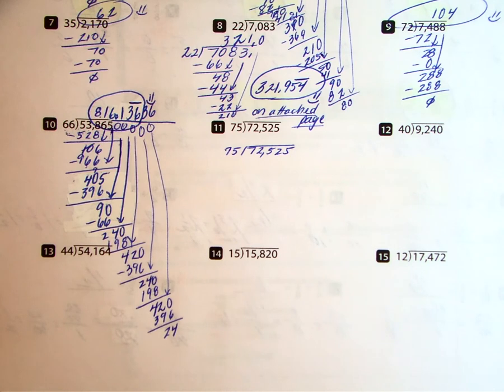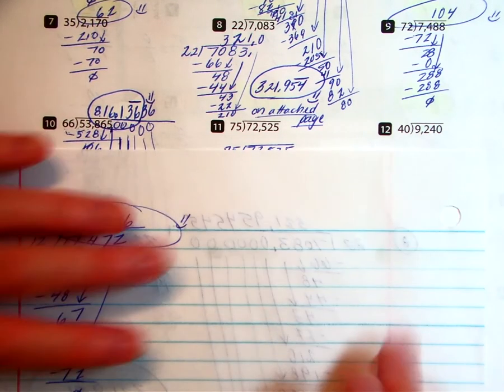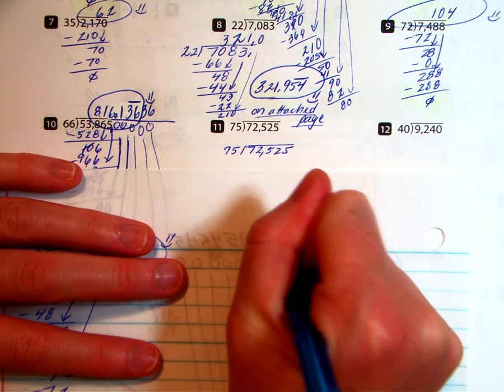75 goes into 725. I don't know if it's going to go in 9 times. I'm going to test that. I'm feeling like 9 is a good possibility. I'm just still using some scrap paper here.